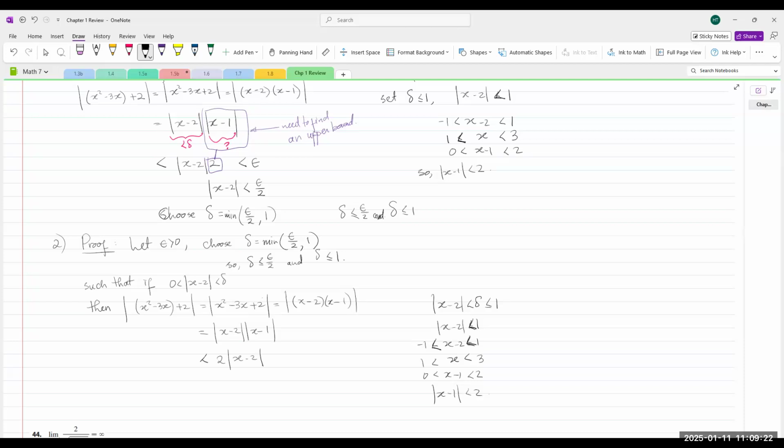But we also know that absolute of x minus 2 is less than delta. Okay, and we know delta must be less than or equal to epsilon over 2.